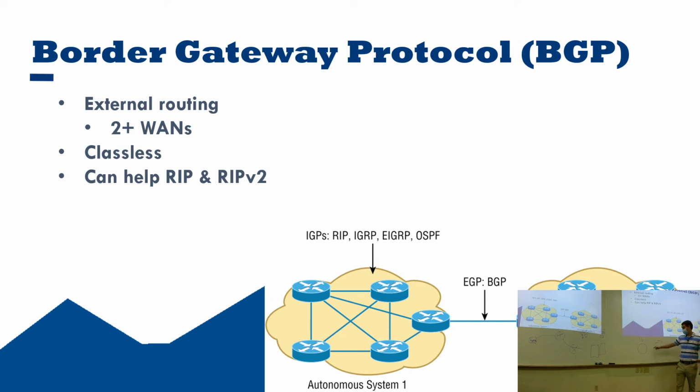So then you could put a BGP in between them. But why not just use a protocol that supports more than 15 hops? Doesn't that make a lot more sense? So I'm saying you could help using RIP and RIPv2, but you're very unlikely to ever come across a scenario that would make any sense at all.